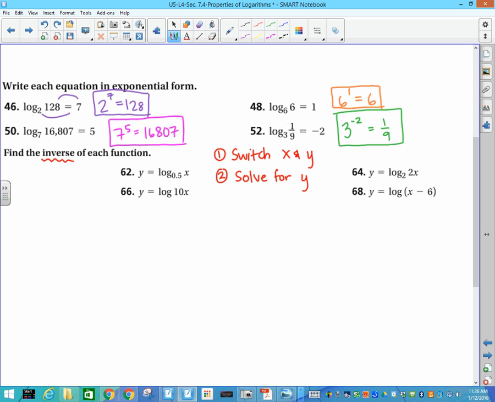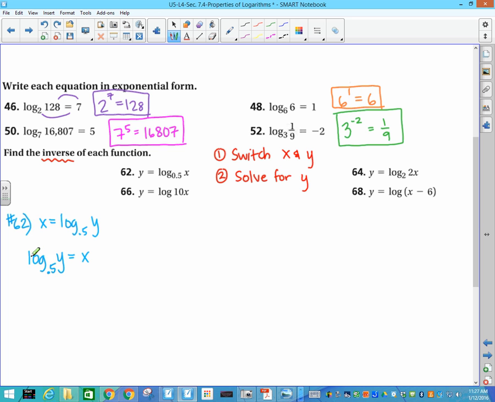So if I do 62, I'm going to switch the x and the y, so that's going to be x equals log 0.5 of y. Now, to go to that other form, I find it easier to put the log on this side, so I'm going to say log 0.5 of y equals x.